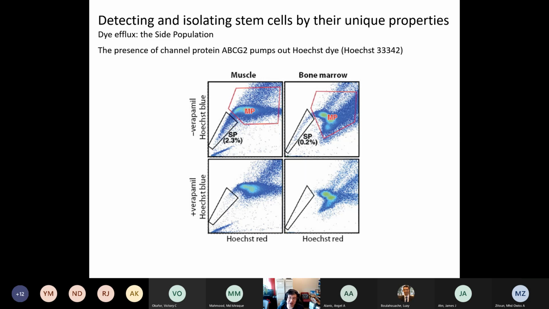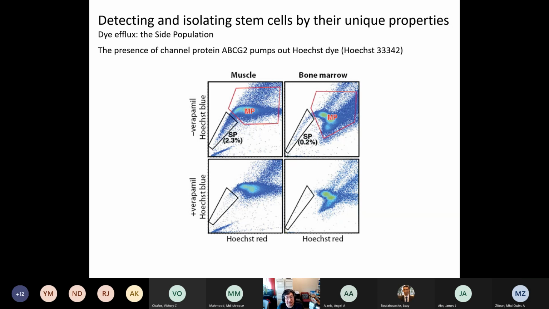Goodell first described the side population, because on the surface of stem cells, often they can express this protein called ABCG2. This is a channel protein. The presence of this channel protein will allow the cells to pump out a dye. This is called Hoechst 342, which is a fluorescence dye.